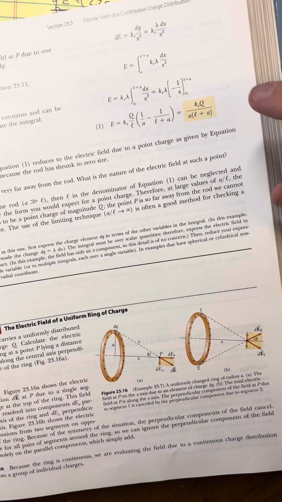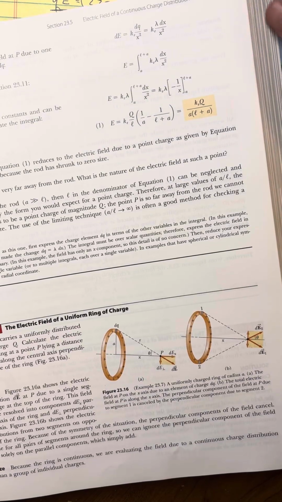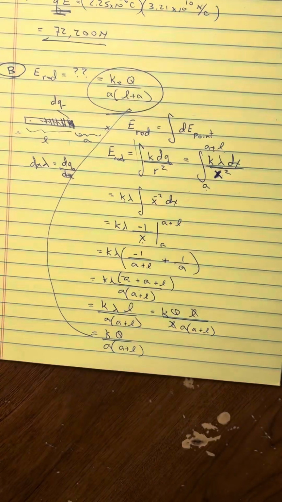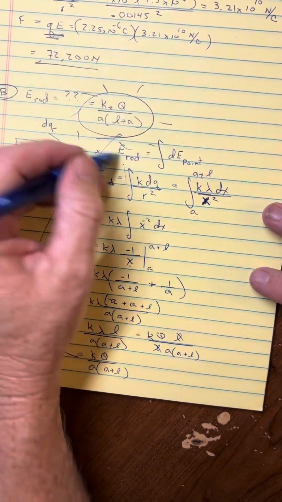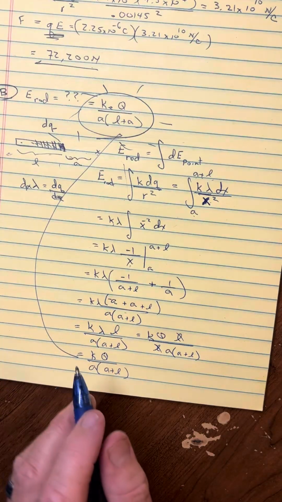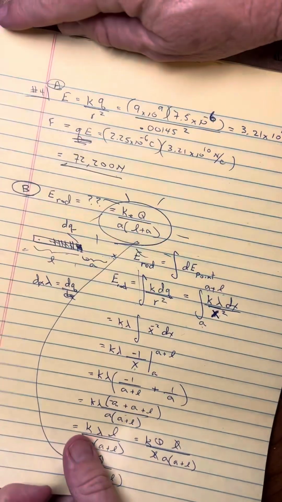So feel free then to say, okay, we did this in class. We've got the electric field from a rod. All right, so whether or not you start right here, or if you re-derive it from scratch, you're going to get this electric field. And that's the big step of this problem.